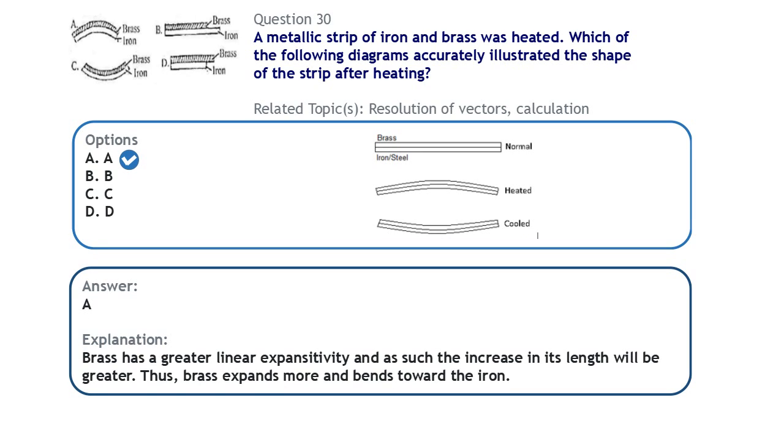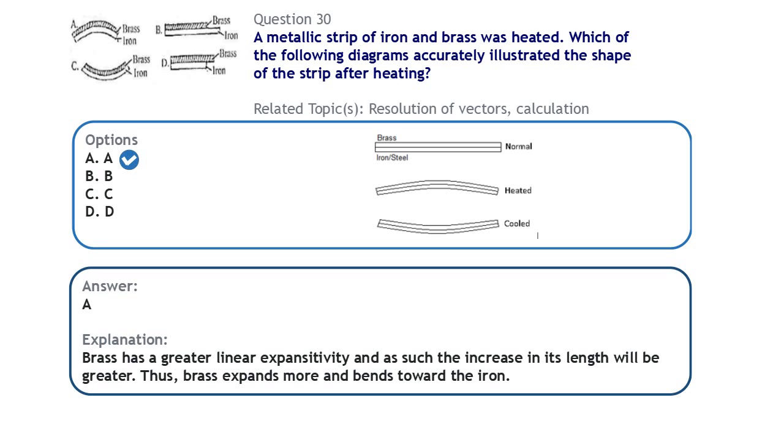Now, if you look at this diagram here, let's say we have a bimetallic strip like this. So we have brass and we have iron. When this strip is heated, these metals are going to expand. They will bend. Their length will become longer than it originally was, and this is how they bend.